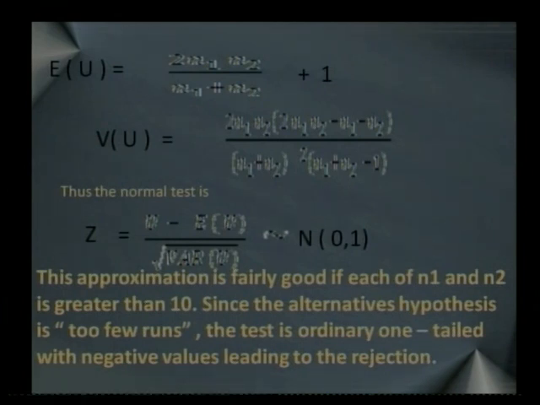This is approximate for large samples, and if n1 and n2 are greater than 10, then it is better to apply this, because for the normal test the sample should be large. Since our alternative hypothesis is with too few runs, the test is a one-tail test, with negative values leading to rejection.